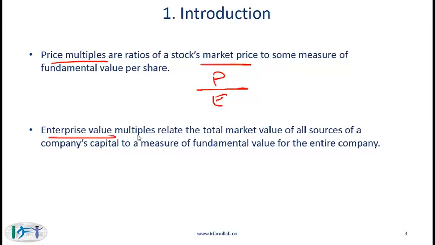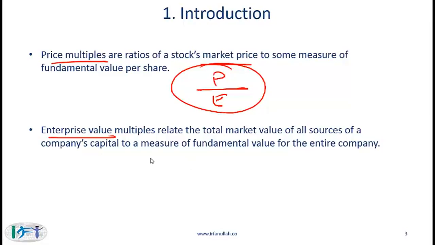Then enterprise value multiples. These relate the total market value of all sources of a company's capital to a measure of fundamental value of the entire company. So notice that these multiples are from the perspective of a stockholder or an equity holder. But what if you want to take the perspective of all investors?